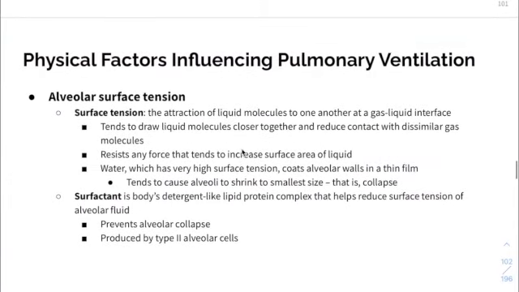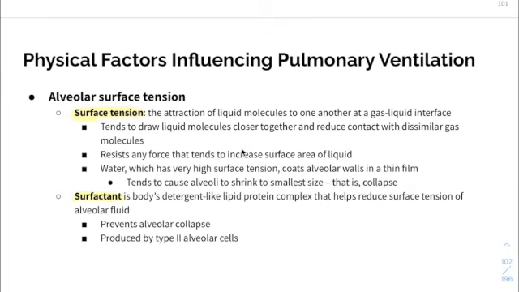So let's look at surface tension. I talked about surface tension before when I was talking about that bubble at the beginning of class today. We have surface tension in our lungs in every single alveolus. That surface tension is created by surfactant.